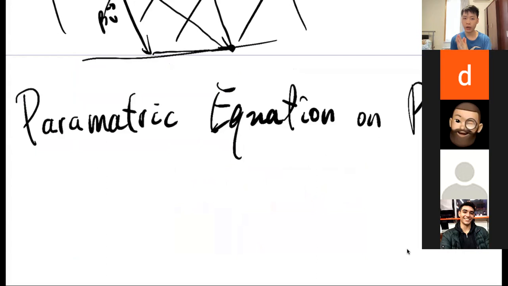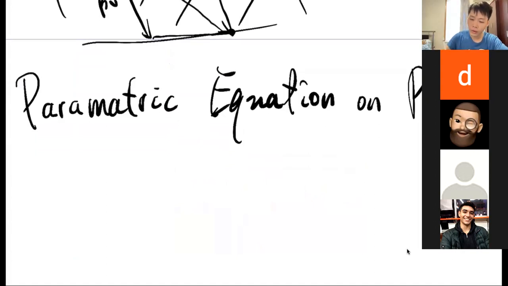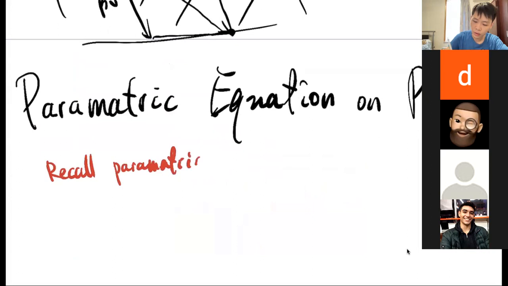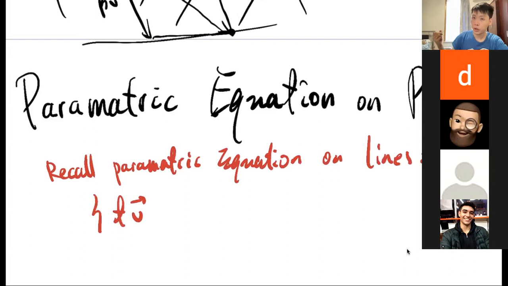A straight line relies on you spanning a vector v into a straight line, and then you want this straight line to pass through another point, so you shift it by another vector. So recall, the parametric equation on a line is that you stretch or span a vector v, and then you add another vector.